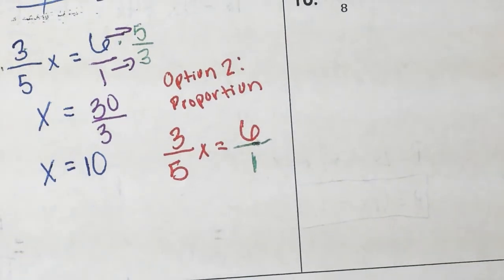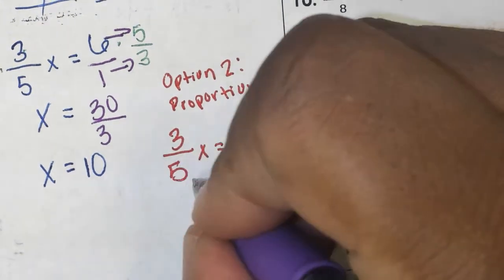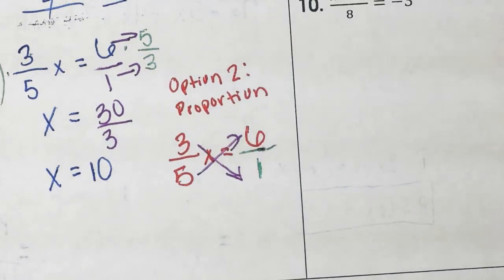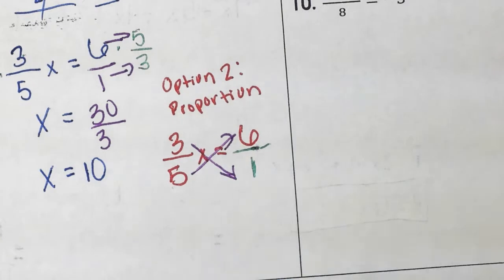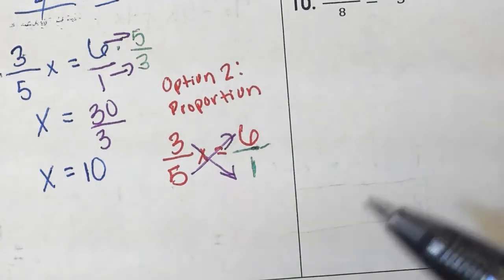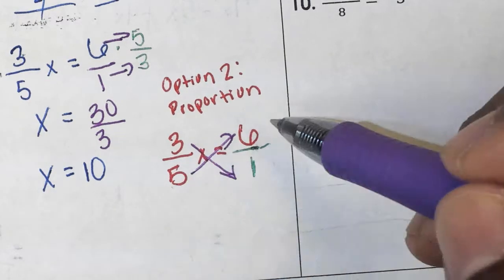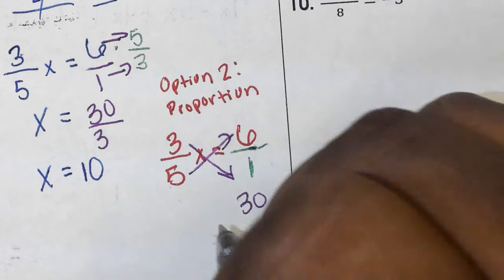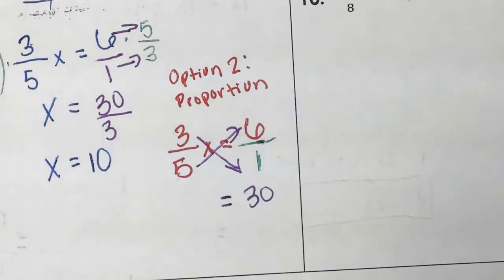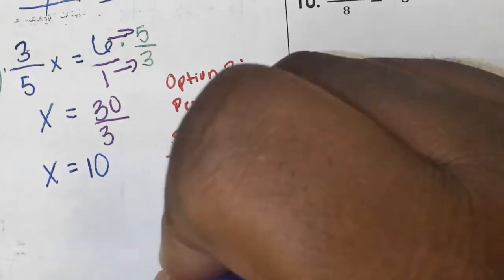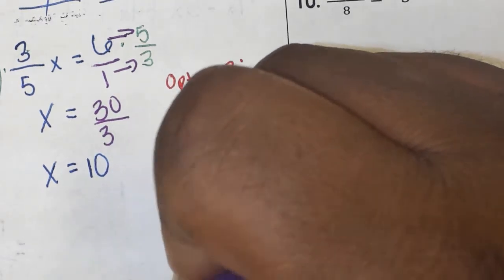And then you should have learned last year how to cross multiply. You can only cross multiply when you have an equal sign between two fractions. 5 times 6 will give me 30. So on this side I'm going to write 30, put my equal sign in the middle, and then 3x times 1 is 3x.